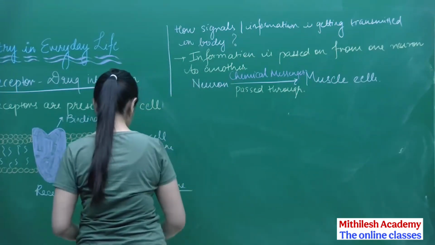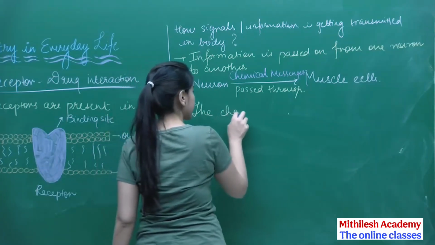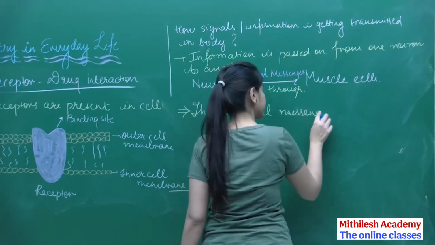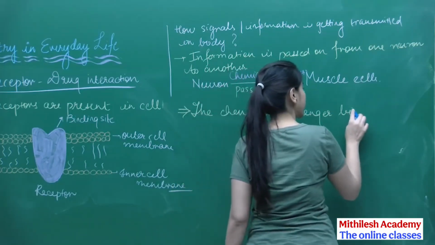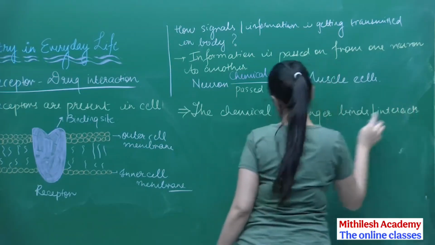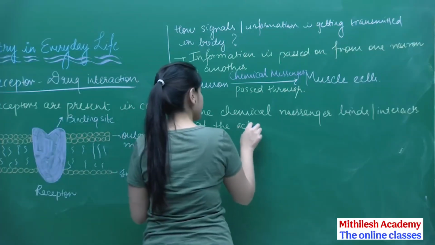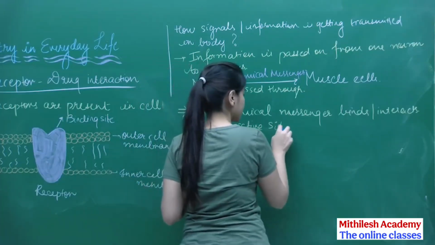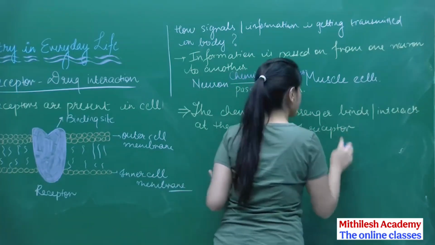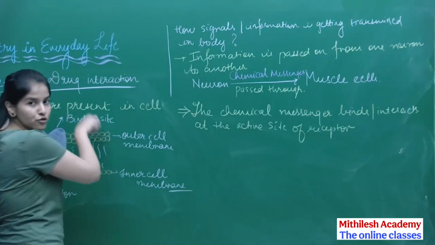So what happens is, the chemical messenger binds or interacts at the active site of the receptor. It binds or interacts with the active site of the receptor over here.